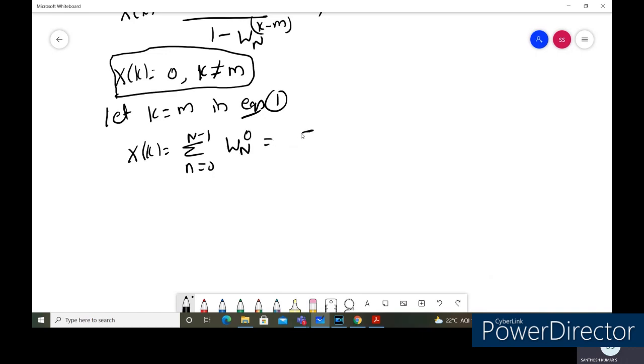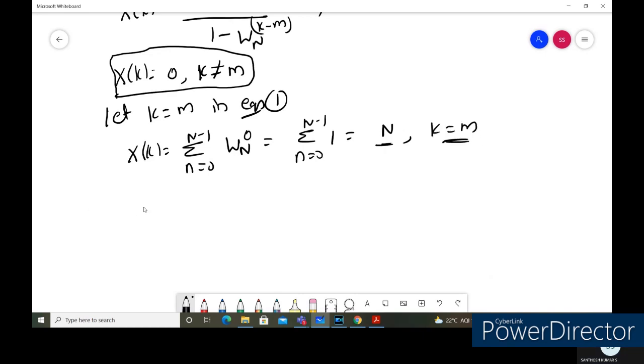So this will become equal to the summation n equal to 0 to N minus 1 of 1. We can write this as N, because when you add 1 N number of times, it will become equal to N. So this is for the value k equal to m.